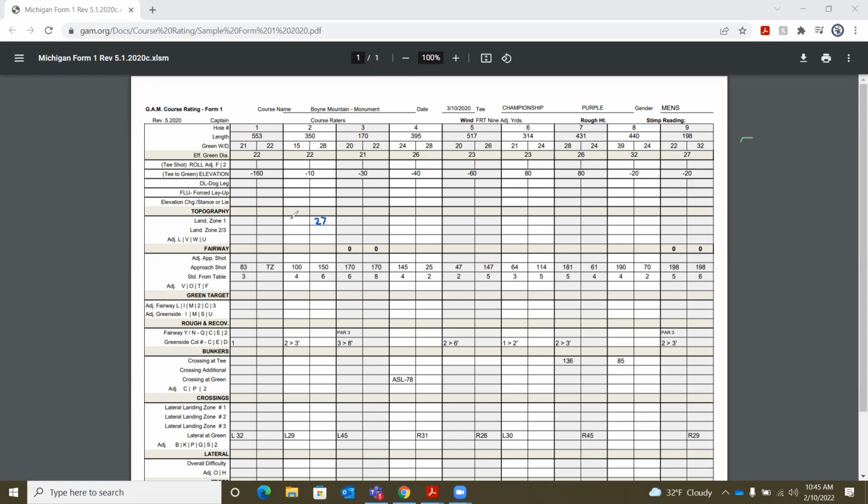Okay, and then we go to the scratch player, and our measurement here is 37. So we just need to keep in mind we've got 350 as our hole length, and it's men. So 350 men.